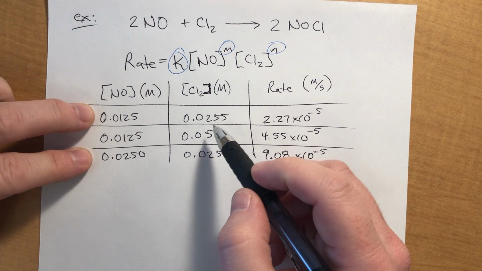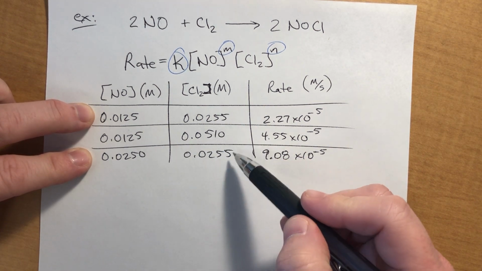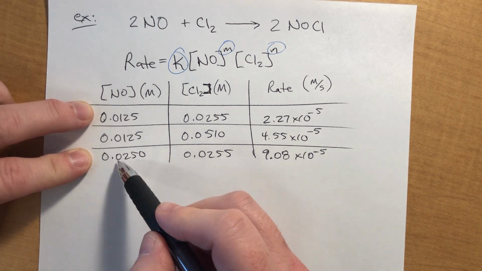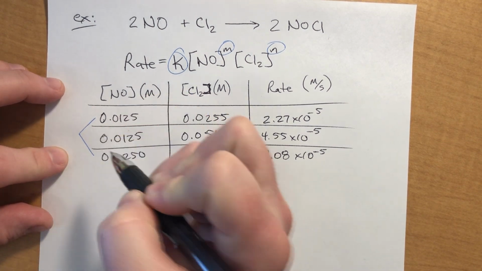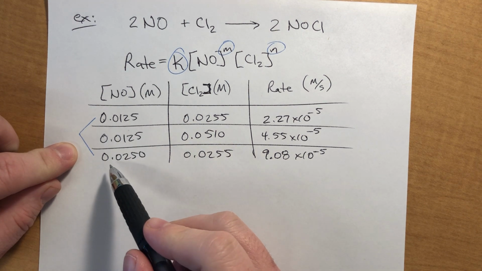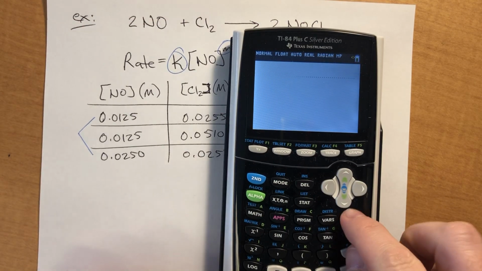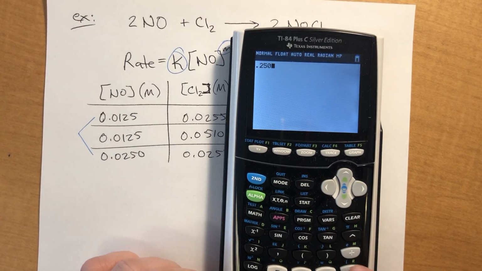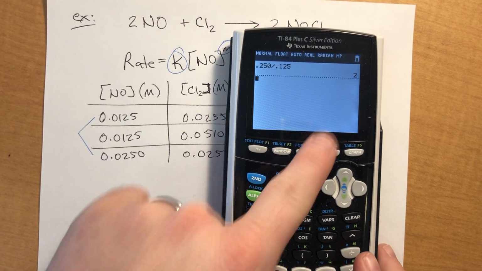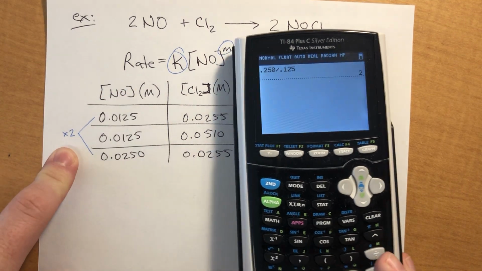So what we want is this to be constant, which would be the top and the bottom one, and this one to be doubling, which would also be the top and the bottom. And what we see is that 0.0125 going up to 0.0250 is doubling. Hopefully it's obvious, but just in case, I'll plug it in just to prove it. Hey, it came out to a factor of 2. So it went up by a factor of 2.